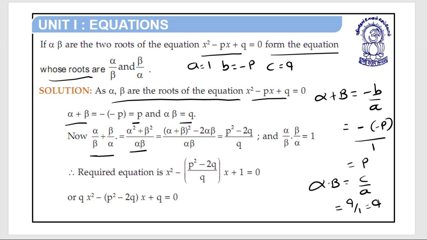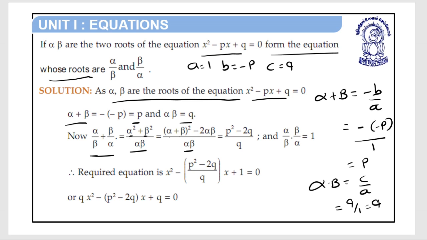Instead of alpha square plus beta square, we can write (alpha plus beta) whole square minus 2 alpha beta upon alpha into beta, because we require the alpha plus beta and alpha into beta form.